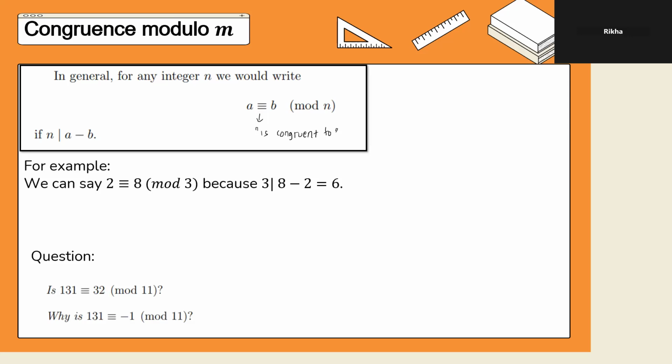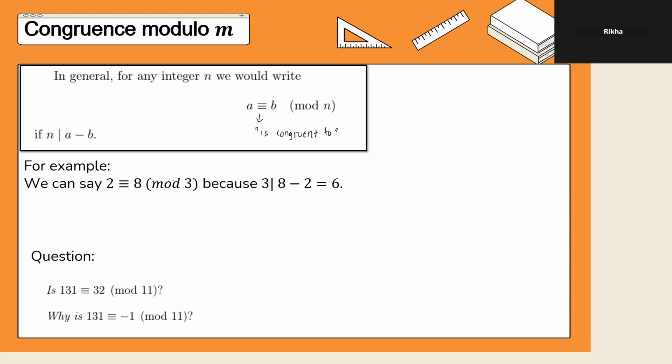So question, let's say we have modulo 11 instead. When we talk about modulo 11, try to imagine you are dividing the integer set into 11 partitions. So there are 11 sets. Now check, is 131 congruent to 32 modulo 11?